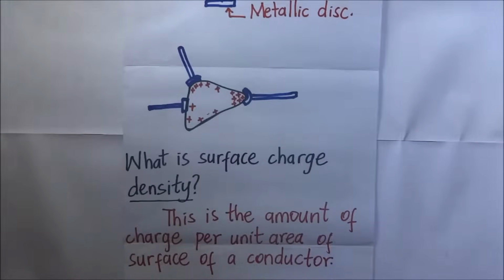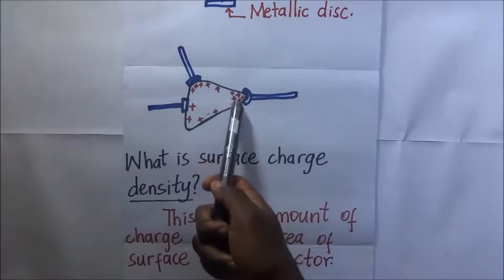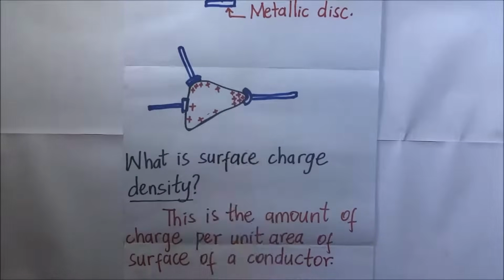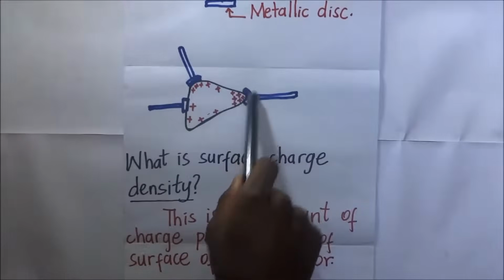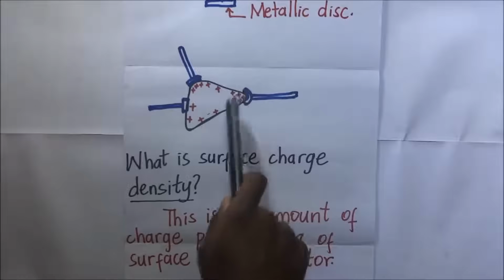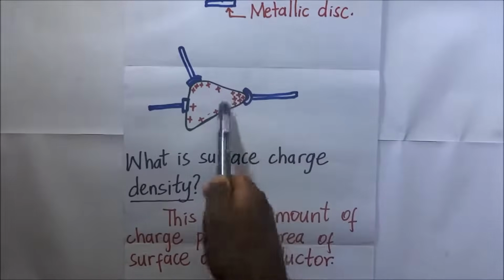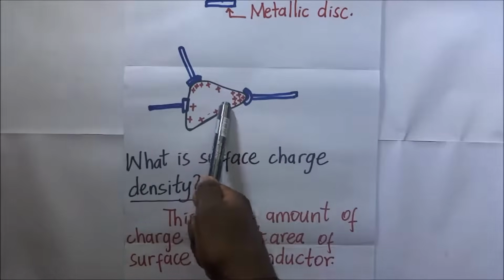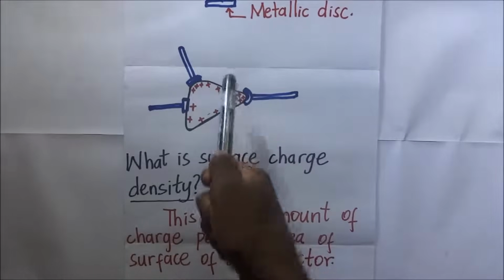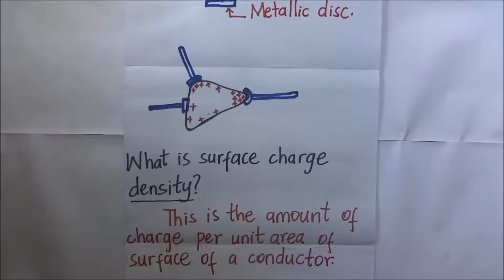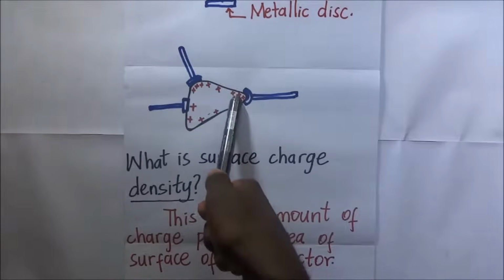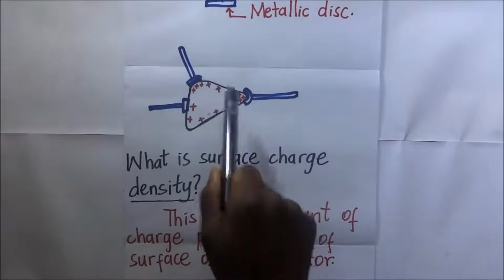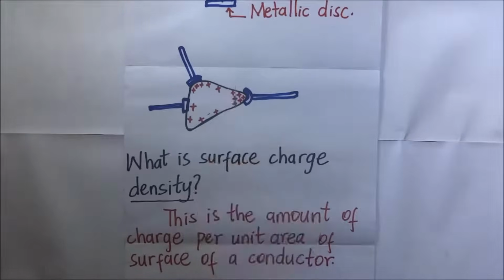Now, when a sharp pointed conductor like this one causes ionization of the air molecules around it, the ions that are opposite this charge, in this case they will be negative, will be attracted towards the sharp point. When they are attracted towards the sharp point, they neutralize it. Of course, when they neutralize this sharp point, it means that this sharp point is losing charge, right? Yes. So this apparent loss of charge by the conductor is what we call corona discharge.